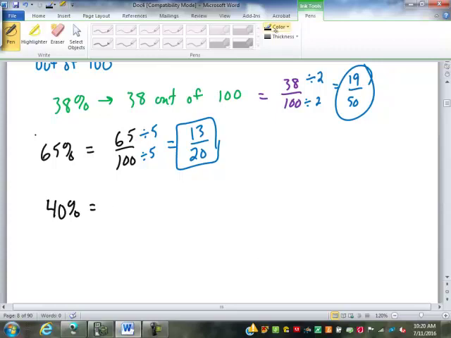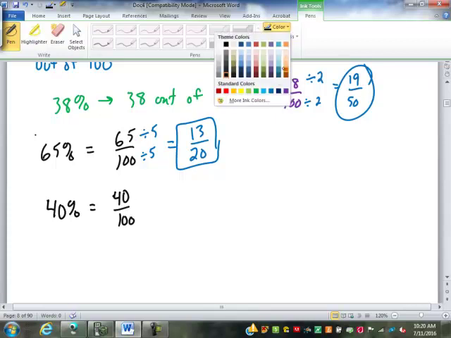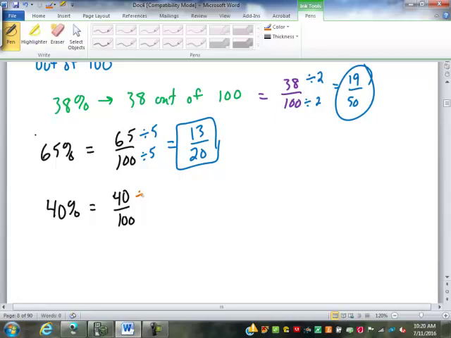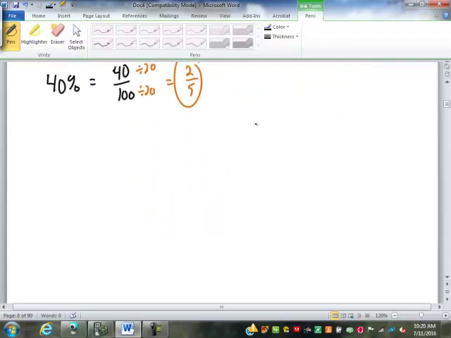So 40% is 40 out of 100. Both of those can be reduced by 20. Very good. You get 2/5, 2 out of 5. Now it doesn't stay that easy.